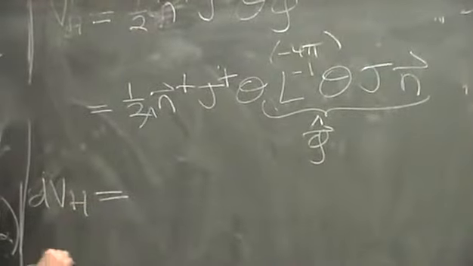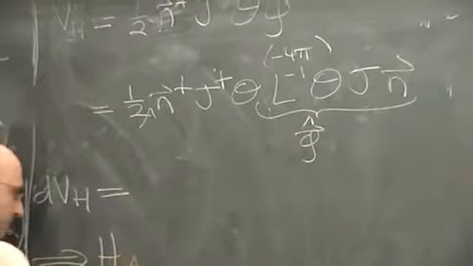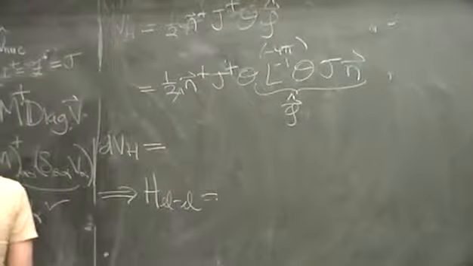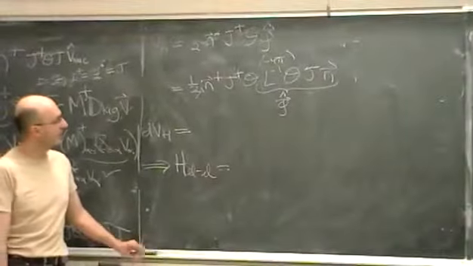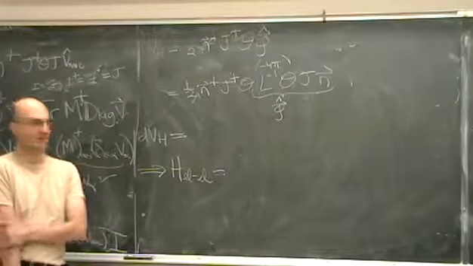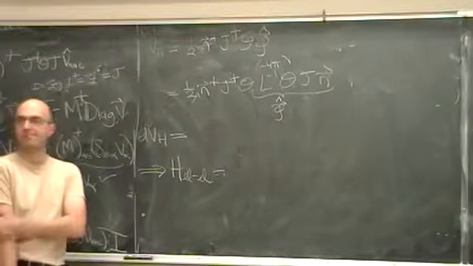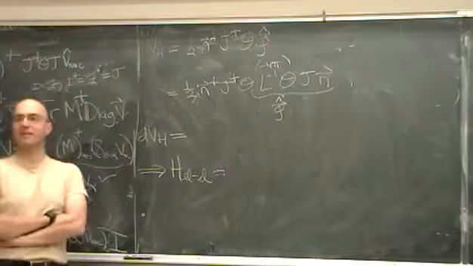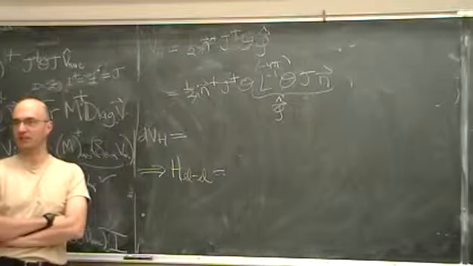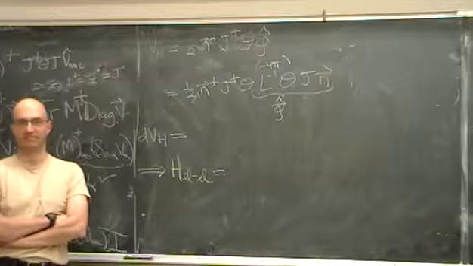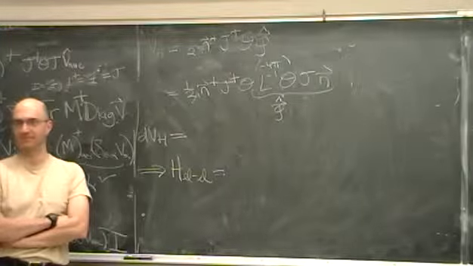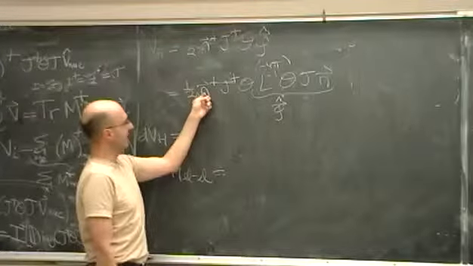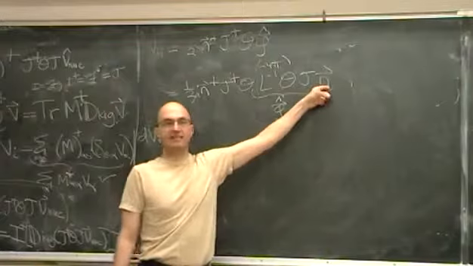And it's going to lead once again to some effective Hamiltonian. Well, let's see. How many pieces am I going to get when I take the differential with respect to n? How many terms? 2, right? I'll have this term when this is a dn, and this term over here when this is a dn.